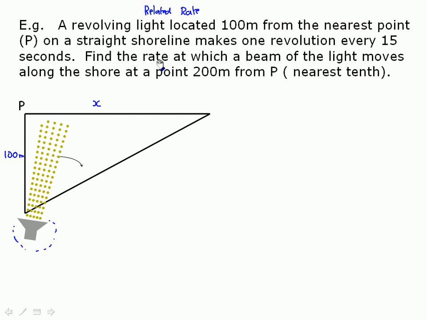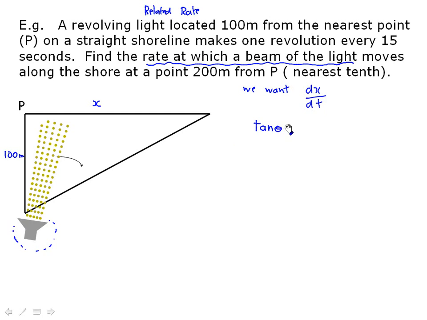Now, what we ultimately want is to find the rate at which a beam of the light moves. We want to know dx/dt, the rate that x distance is changing with respect to t. So I like to indicate that first, and then find an equation that links the variables and the numbers that we have.